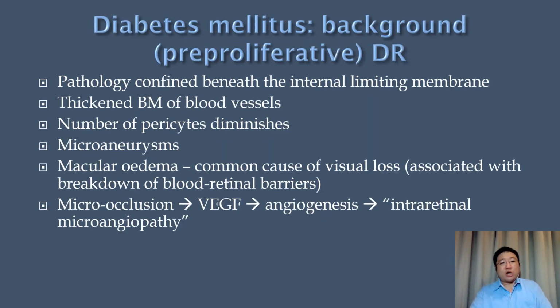So in background or pre-proliferative diabetic retinopathy, all the pathologic changes are confined beneath the internal limiting membrane. So there is thickening of the basement membrane of blood vessels. The pericytes are diminished. There may be microaneurysm, macular edema, and intraretinal microangiopathy.